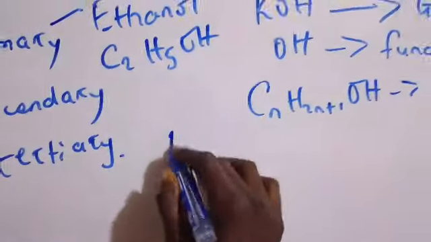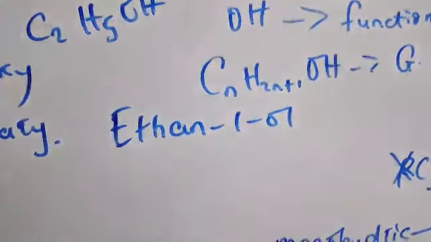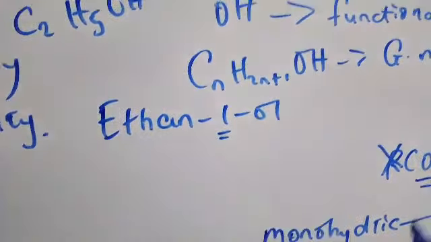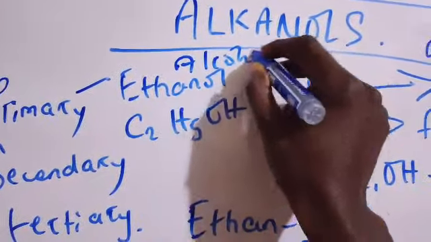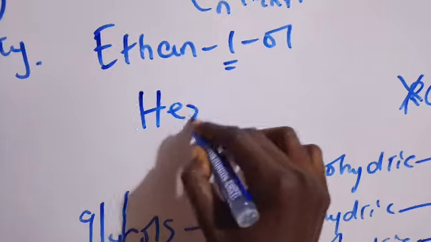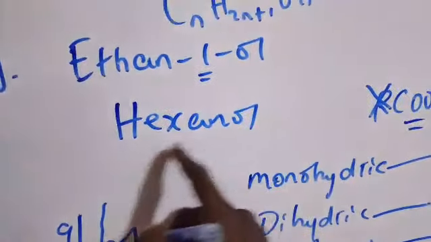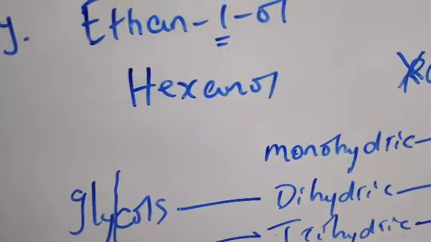Hope you know that ethanol is also written as ethan-1-ol. When you have 1, primary, take note of that. In fact, we say ethanol is alcohol. Alcohol is ethanol. I always tell students that. So examples of primary alcohol: when you have something like hexanol, hexanol is also hexan-1-ol. Or something like propanol. Those are examples of primary alcohol.